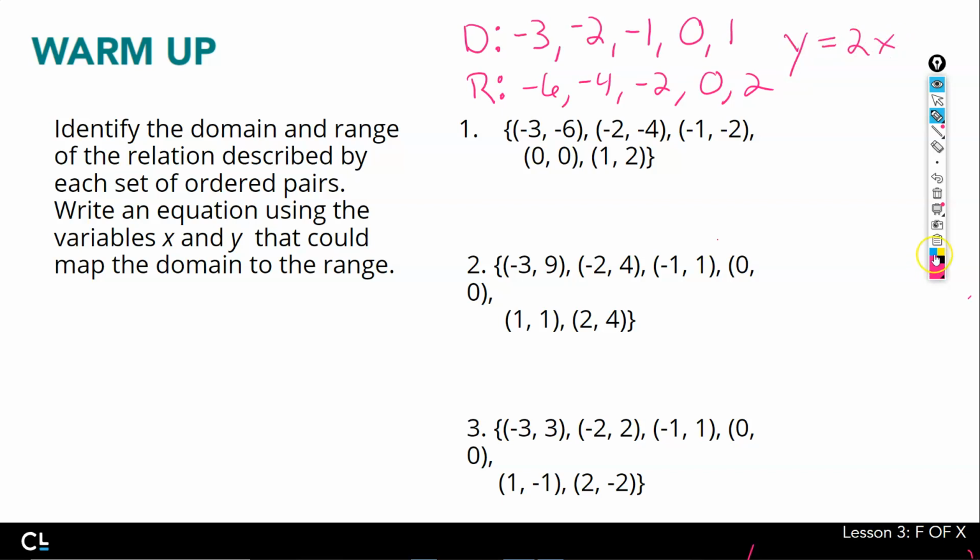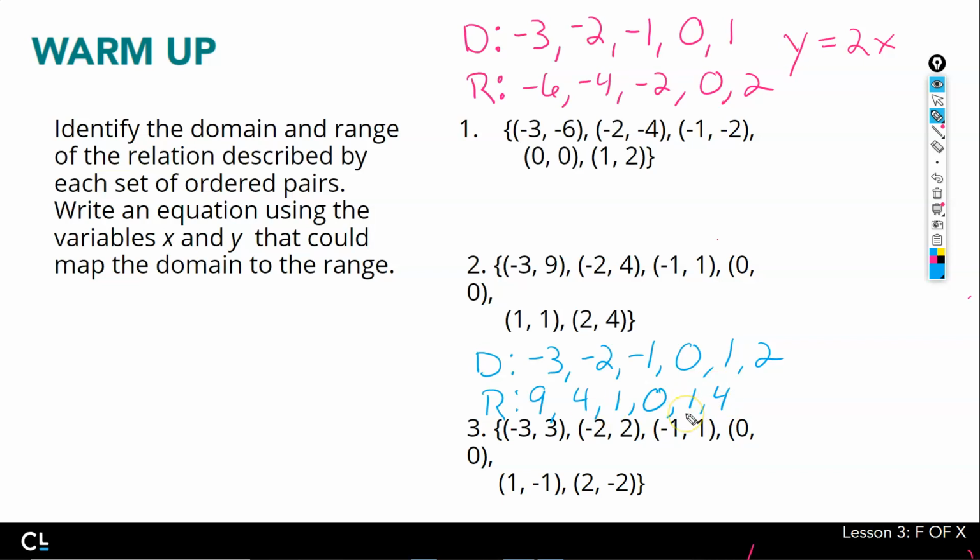Number 2, the domain are my x values, -3, -2, -1, 0, 1, and 2. My range values are 9, 4, 1, 0, 1, and 4.